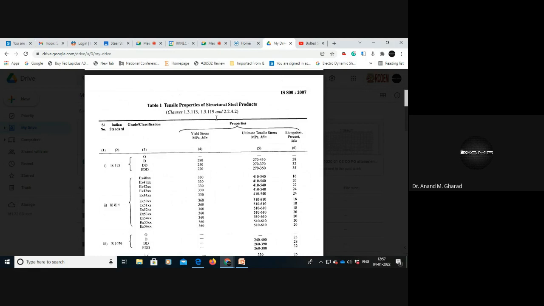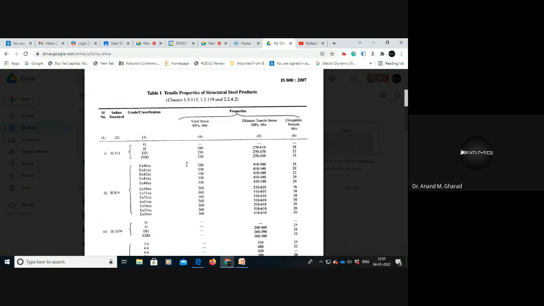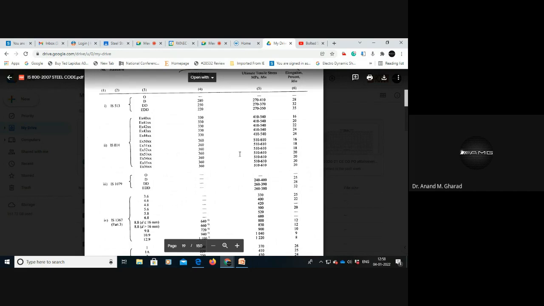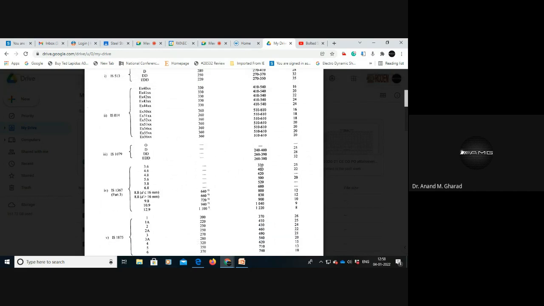For example, if I am solving some numerical related to a bolted connection, and I want to say that I am making use of a grade 4.6 bolt, then I need to know the ultimate tensile strength of that bolt, and from where will I get that value? From here, from this table. Okay, just for the example, see over here, this is the 4.6 grade bolt, right? And the ultimate tensile stress or strength value, you can find it over here.